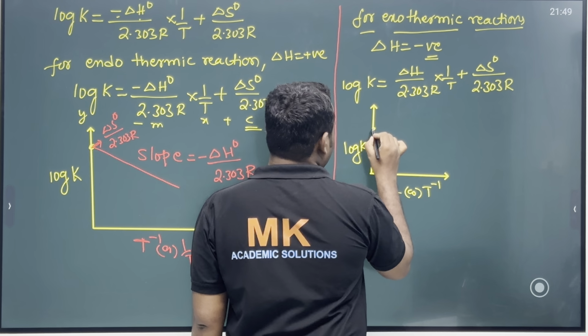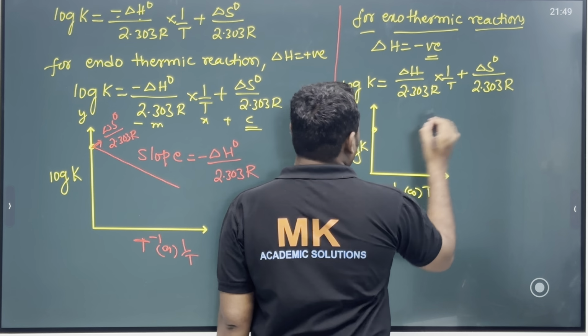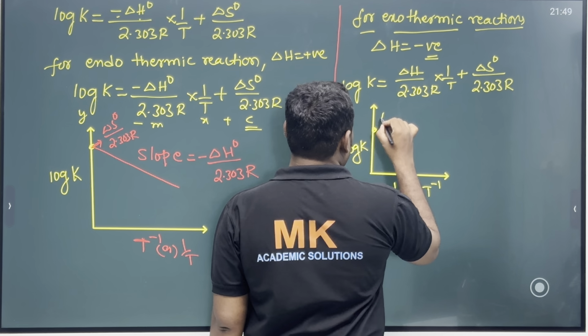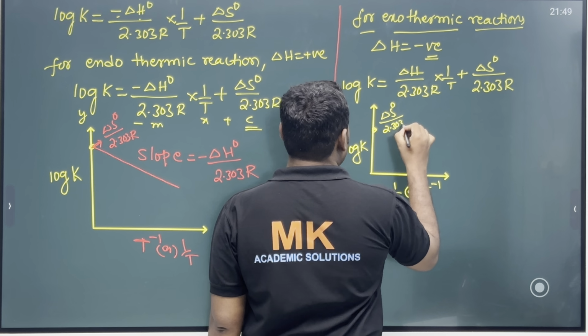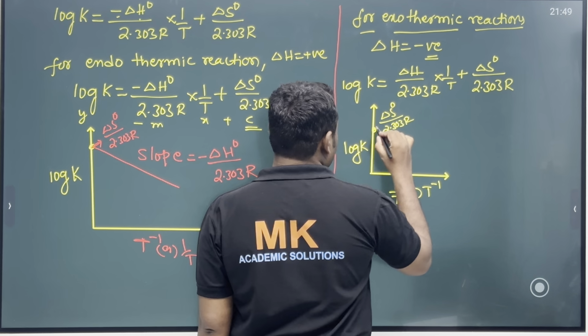Now c is the intercept. What is that c here? Delta S naught by 2.303 R. This is the intercept.